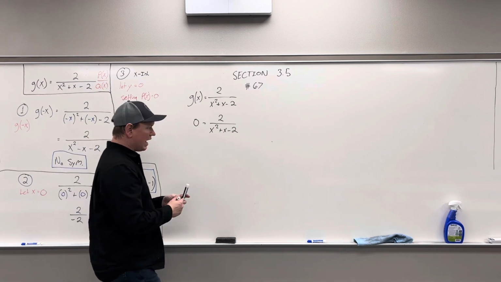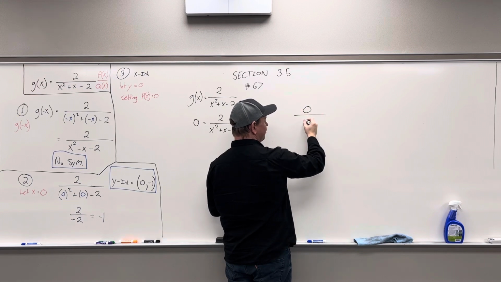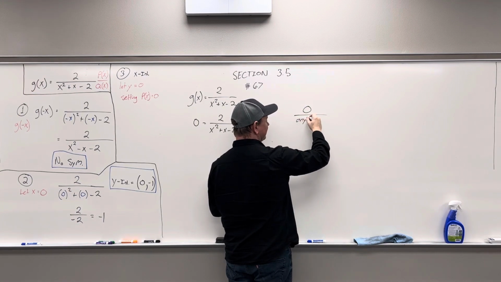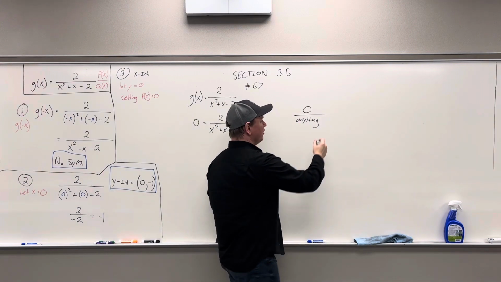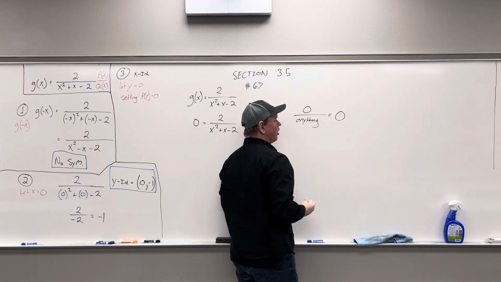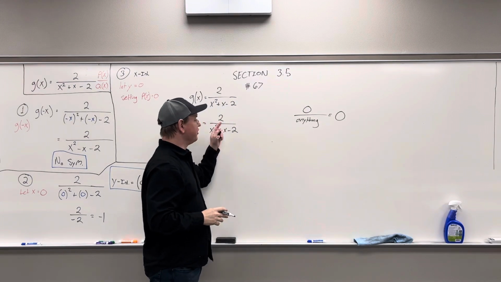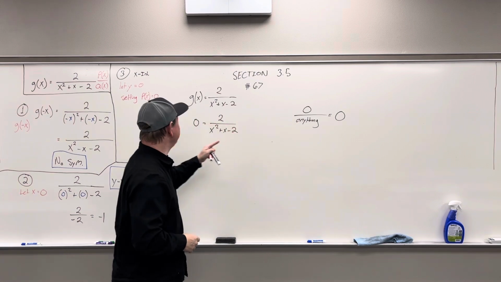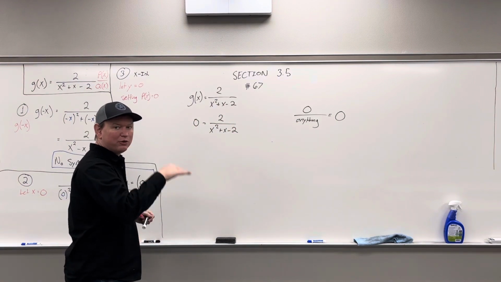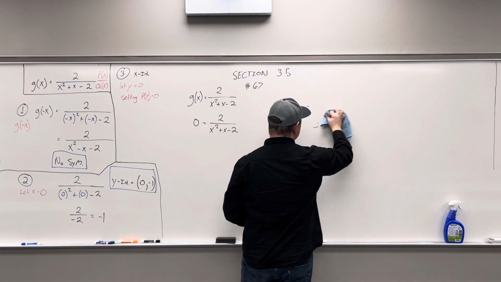Why? Because for any fraction, if you have 0 and then anything underneath that 0, it always equals 0. So underneath doesn't really matter that much, but the top matters. So if we just set the top, or p of x, equal to 0, we will find our answer.